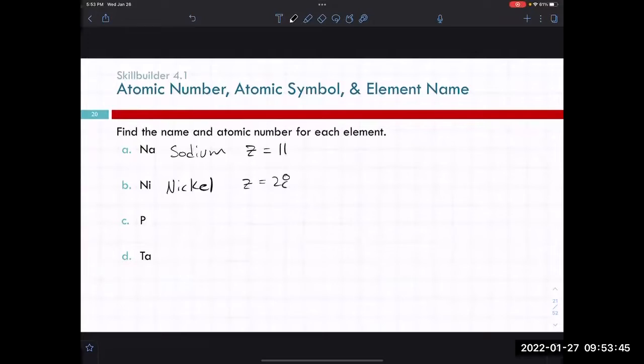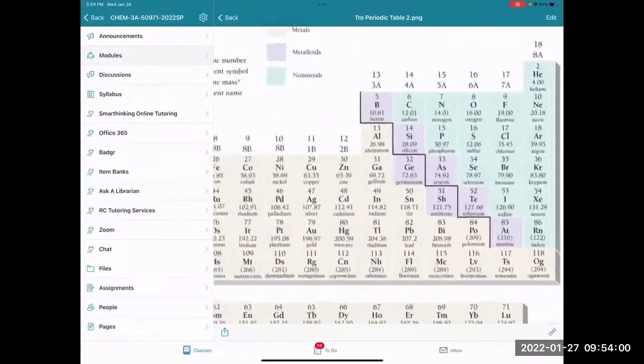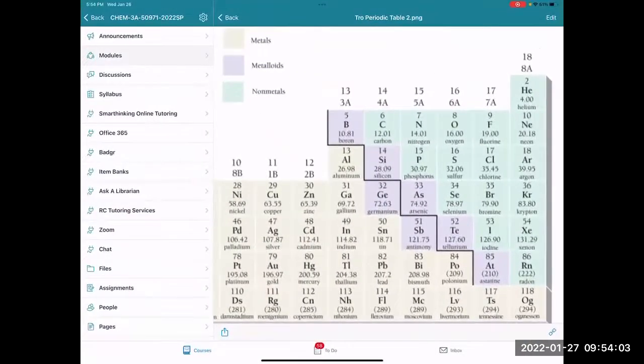Z 28. P. It's not potassium. Phosphorus. I feel like I should know phosphorus. Phosphorus is over here, it's 15.